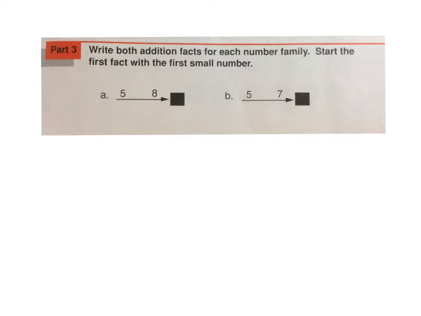So when I'm writing fact number 1, I'm going to start with the first small number, which is 5, and then I'm going to write the rest of my addition fact. When I go to do the second addition fact, I know that I'm not going to start with 5 again, so this time I'm going to start with the other small number.